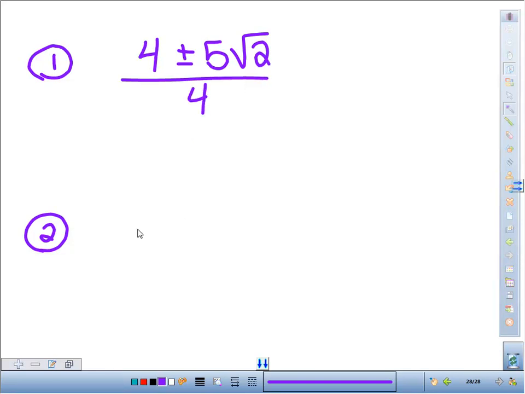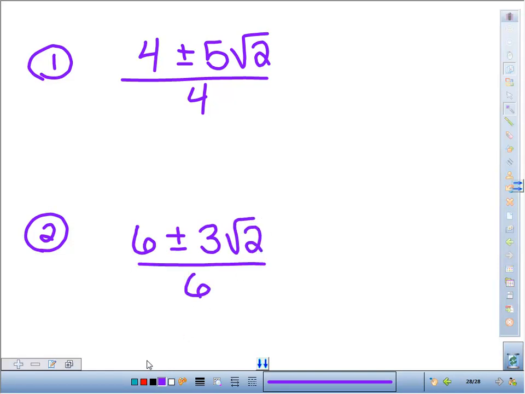Reduce if you can. Let's see. Now I'm going to do a third one.